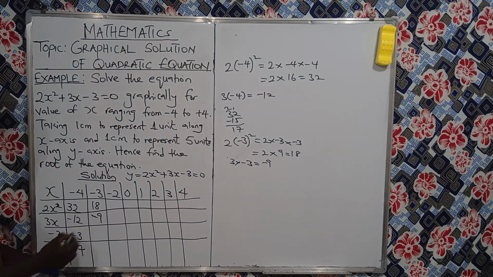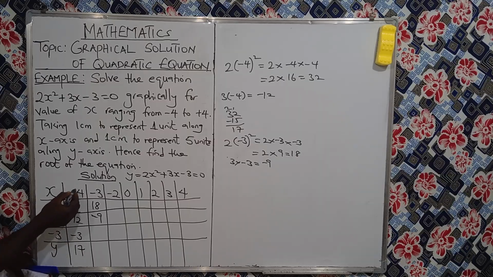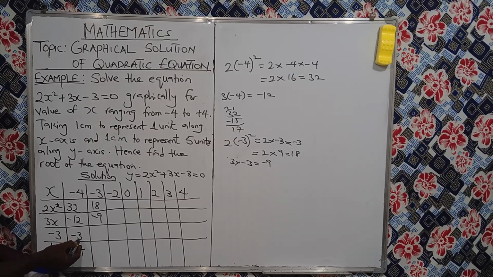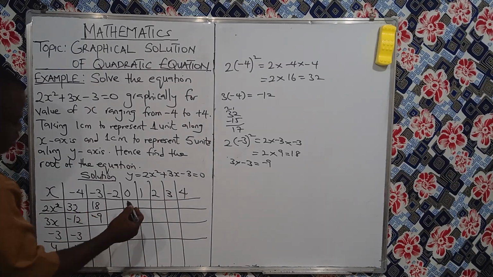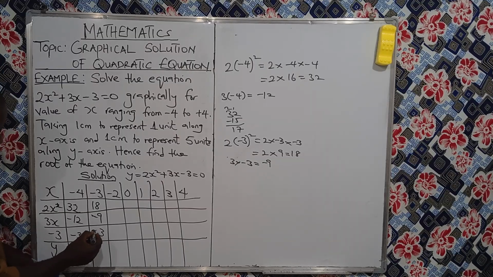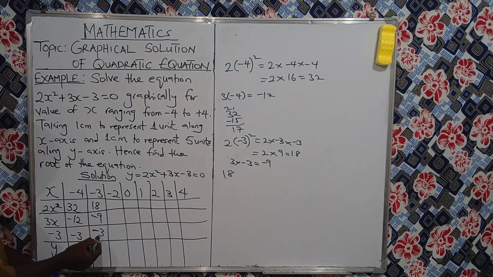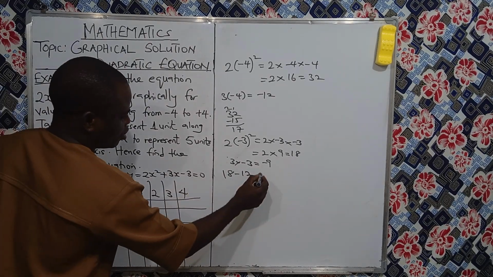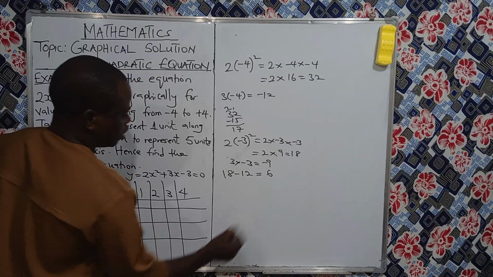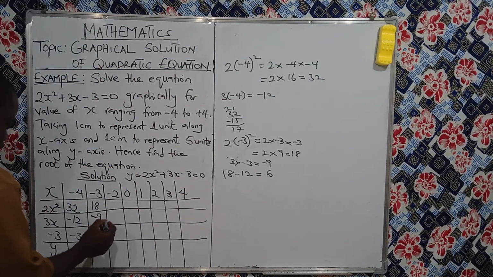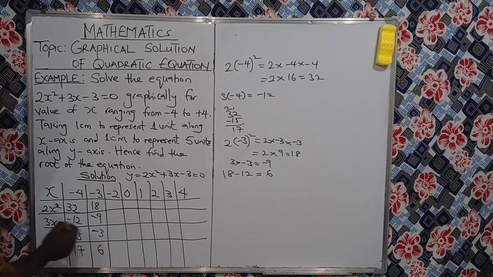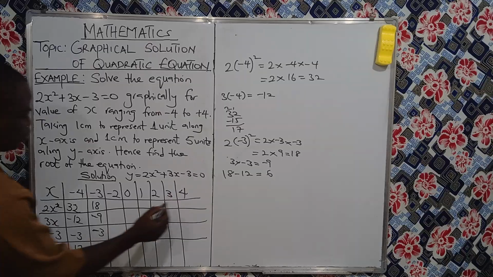Don't make the mistake of adding minus 4 to everything, all the numbers here. These are the range of numbers on x, okay? Now, minus 3, bring it down. Let's add it. 18 minus 9 minus 3, that's minus 12. 18 minus 12, that's 6.